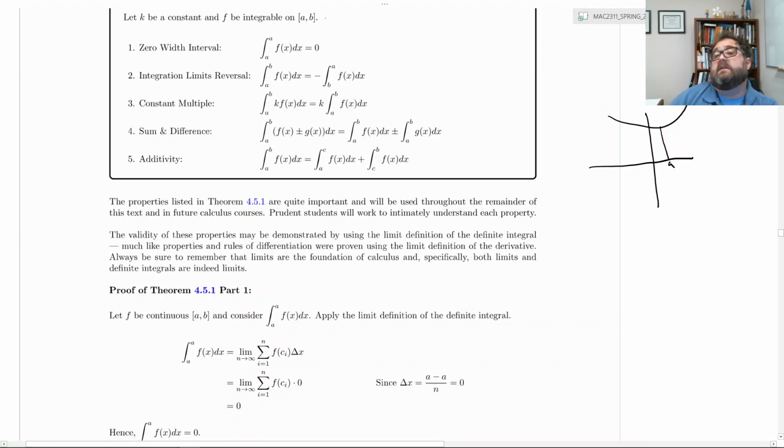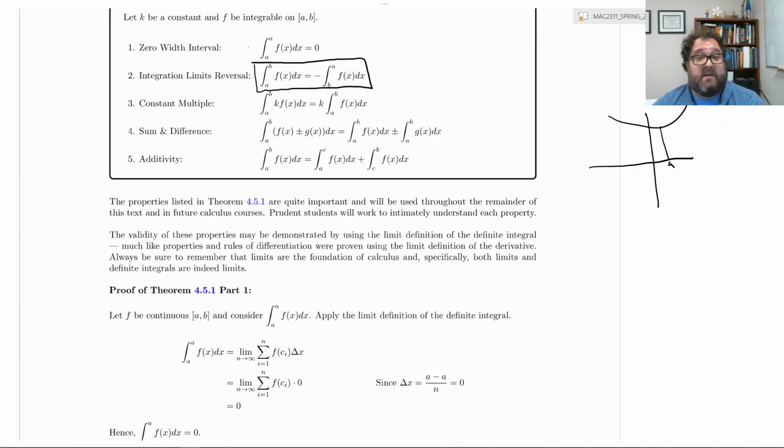Now here's one that's not so intuitive, but it's very important, especially if you're trying to use geometry to evaluate a definite integral. This one says if you swap the limits of integration, if you look at the integral from b to a instead of a to b, then it's the opposite.